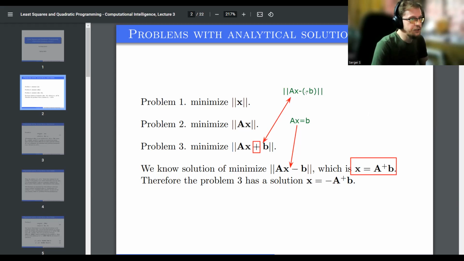And therefore, we know how to work with this one. We say that it is equal to A pseudo-inverse times this component, and this component is minus b. So b goes here, and the minus goes here. Okay. So this is how we can think about it.